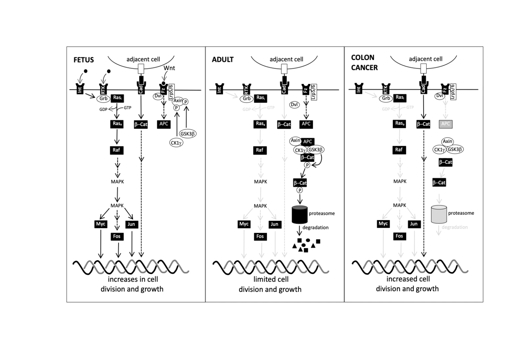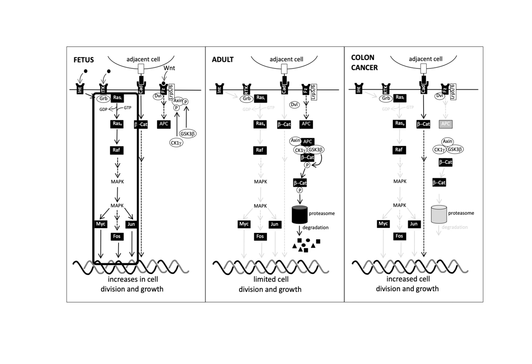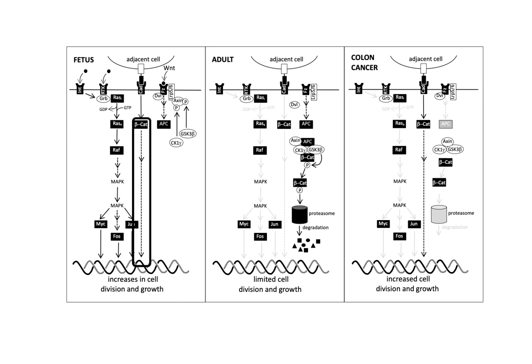And this occurs in families where you have a high number of polyps in the colon, many of which develop into cancers. So in the fetus, when the colon is being built up, you need increased cell division and growth. And so all of these pathways, including the RAS pathway here that increases the MAP kinase and increase in transcription. And then you have beta-catenins that also increase transcription.